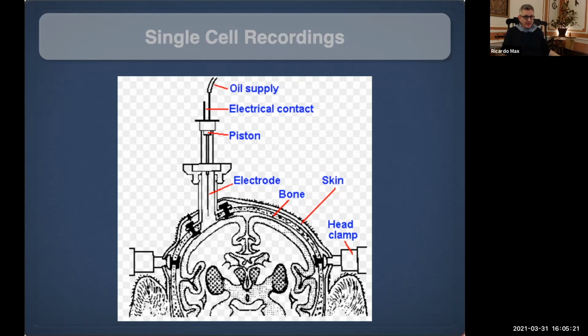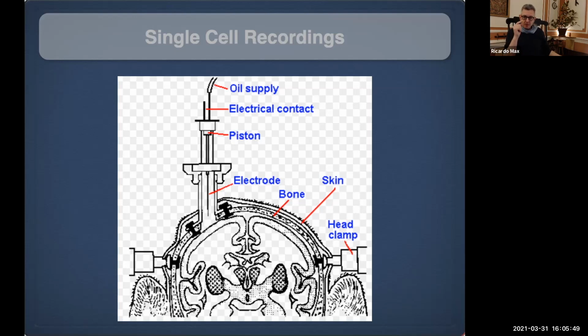Then another fixture is attached to their skull in a specific area, within which a very, very thin electrode, it's almost invisible, is inserted into the brain, into the cortex, until it reaches one cell.